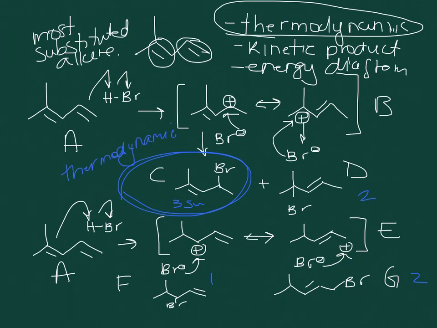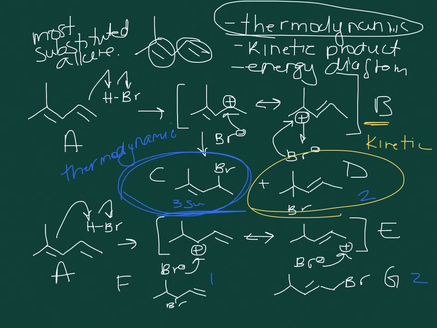When we look for the kinetic product, we have to work within the carbocations that led to product C. So the kinetic product has to be product D. Now, if we look at the carbocations from intermediate B, we'll see here we have a secondary allylic, and here we have a tertiary allylic.